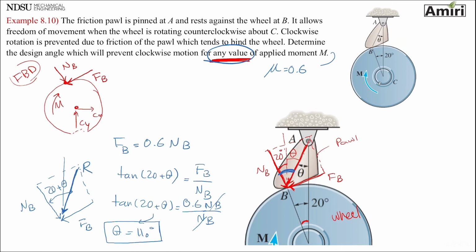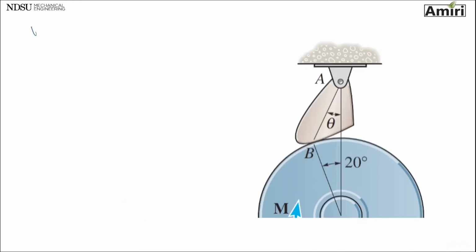The second solution that you can do is draw a free body diagram of the pawl. Okay, the solution number 2 is FBD of pawl. Again, I drew it here because I need those angles to go over. So for the pawl, something like that, I have AX and AY, that's a pin.